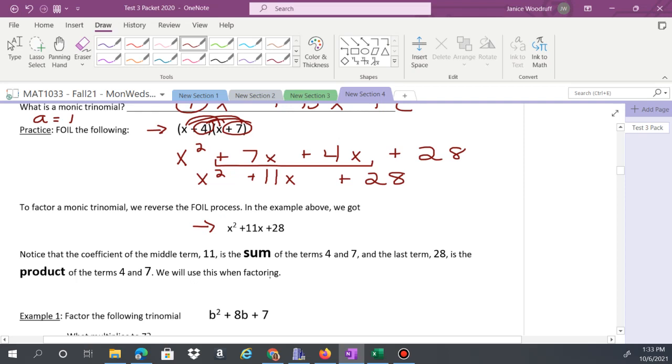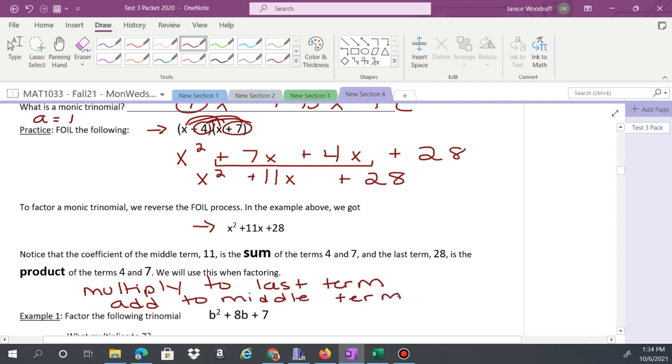So when we factor, we look for our magic numbers that multiply to the last term but also add to the middle term. In order to be good at factoring, you need to know your times tables. You can use a calculator, but it's much easier to recognize if you know your times tables.